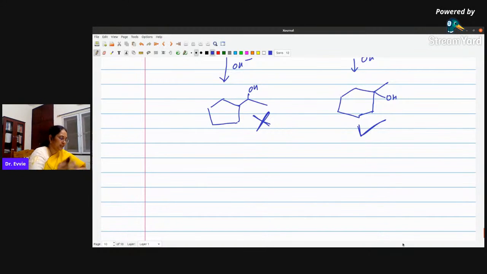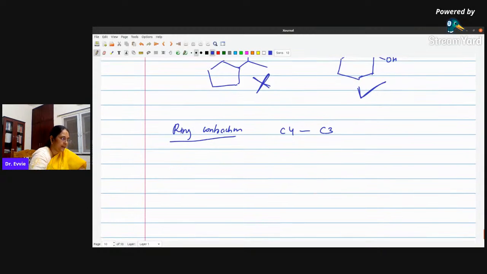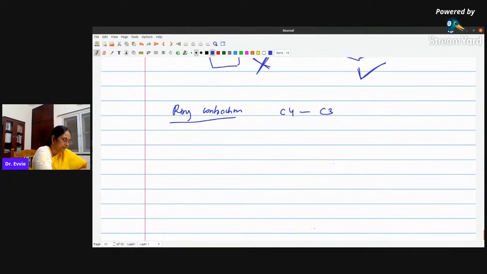Now, let's do a reaction with ring contraction. I told you ring contraction is only one thing, that is C4 to C3. I have already told you the mechanism. I don't think I told you about the contraction; I told you only about the expansion.